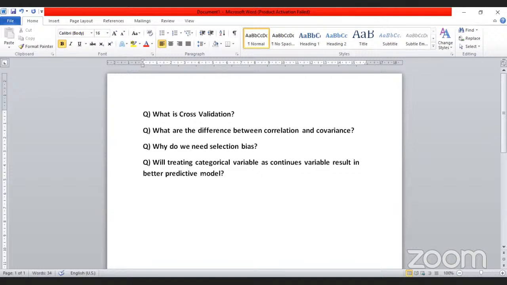Then we can convert it, apply a model, and predict, and yes, we can get better accuracy. So yes, we can treat that as continuous data if the categorical data is in ordered form, and it will give us a better result for prediction.